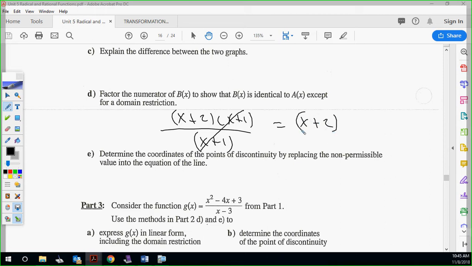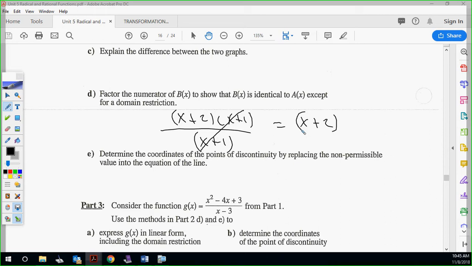But, just like in Math 20, when you cancel a non-permissible value, it still holds true, right? So what you're seeing is x plus 2, but you have to remember there's a hole at this spot of -1. That's what's going on. Okay, so that's why they showed you x plus 2. X plus 2 is the same, except for the hole. The hole comes from the canceling of these factors of x plus 1. Okay, are there any questions with that?